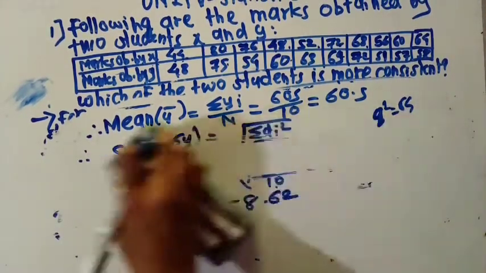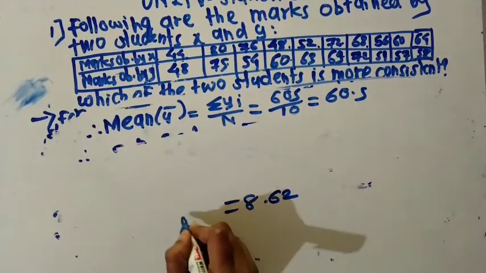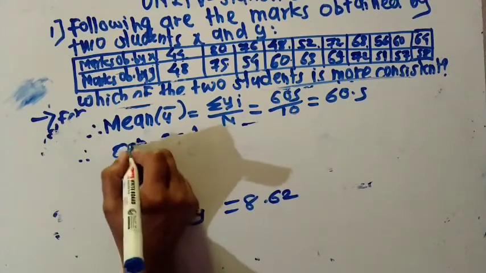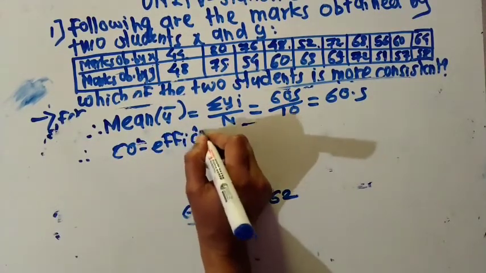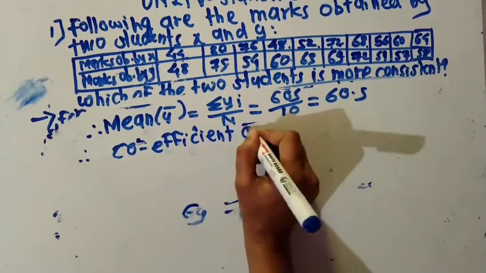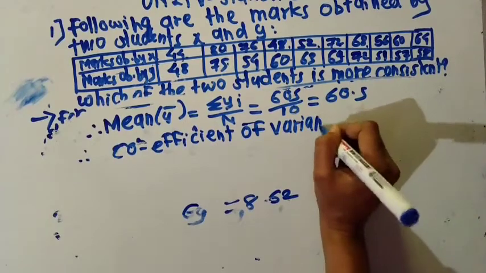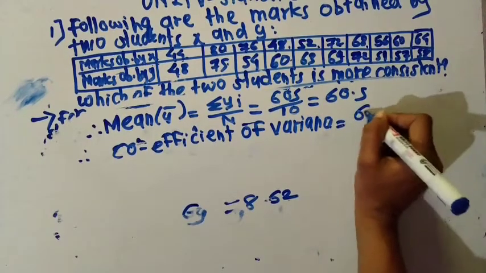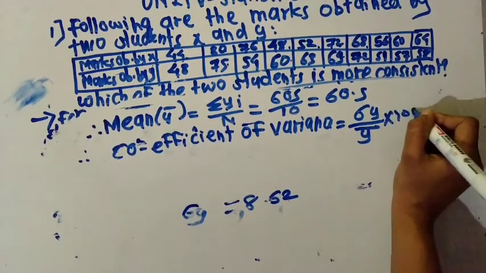Then find out the coefficient of variance by the formula: standard deviation upon mean, into 100.